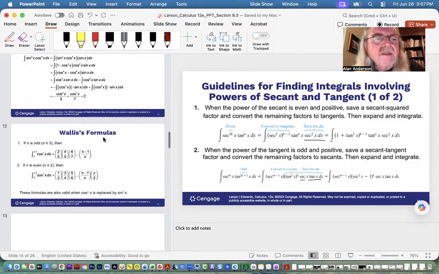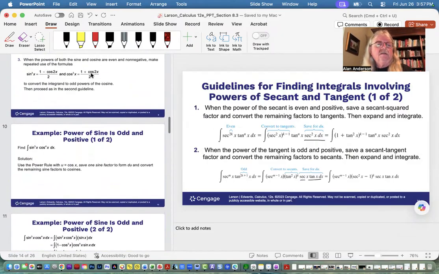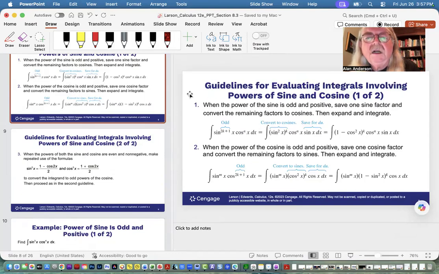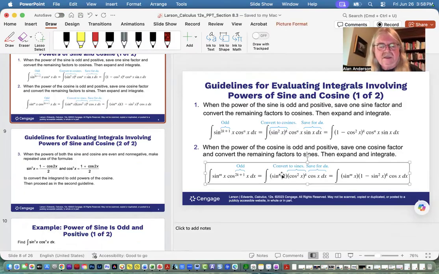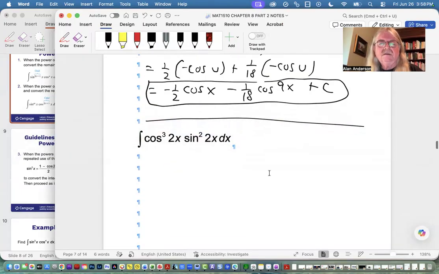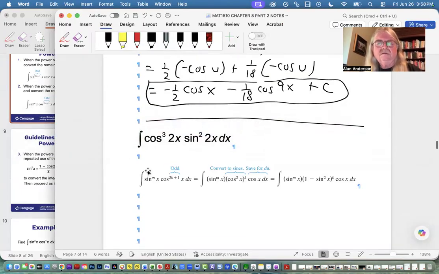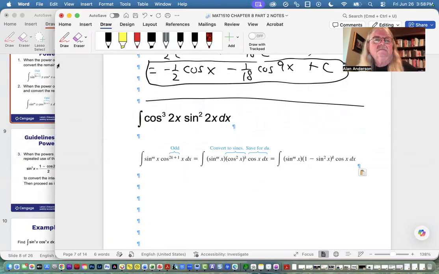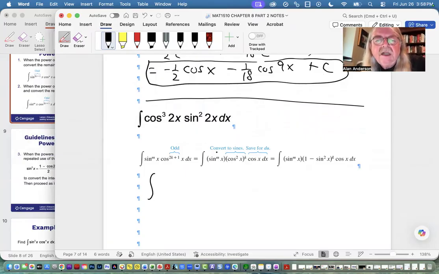So, oh, not those. We need cosines. So we have an odd cosine. So we need this one. Okay. So they want us to split off one of the cosines for the du, and let's rewrite it the way they're doing it.